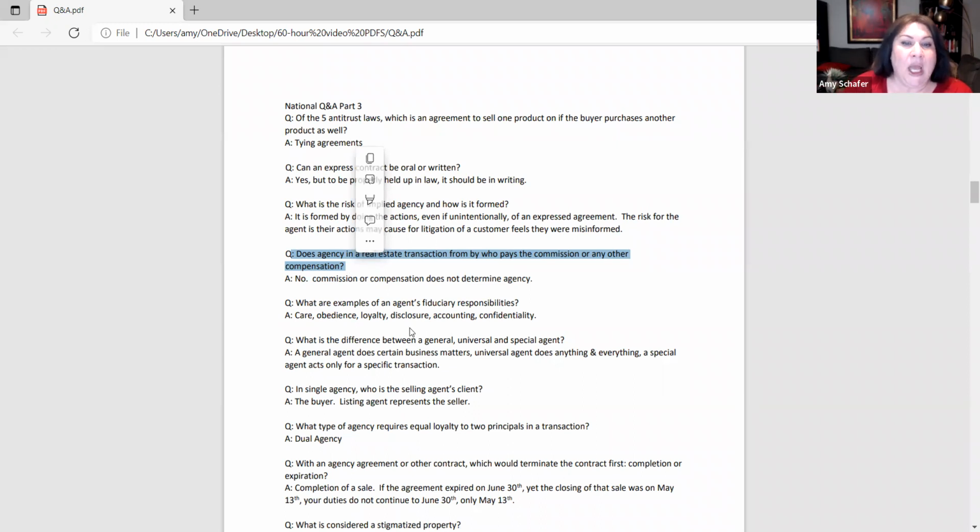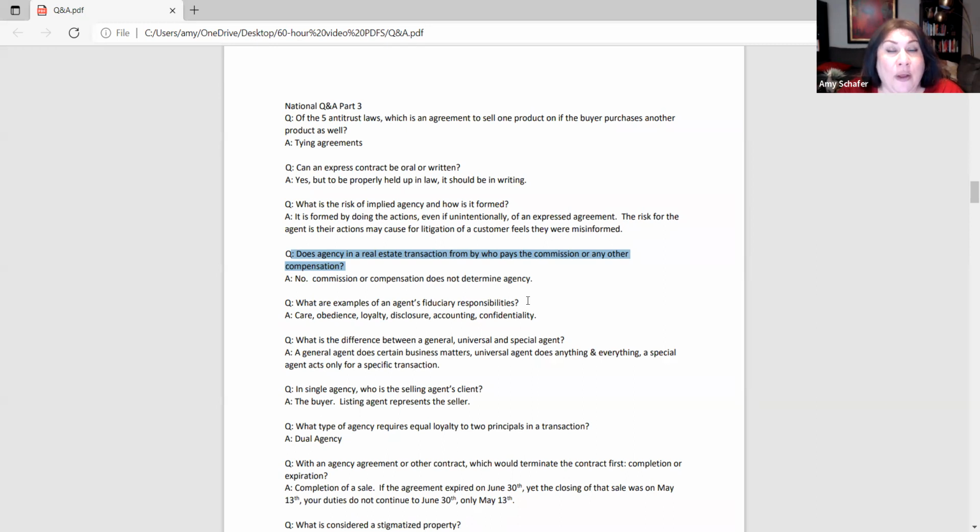Fiduciary responsibilities. This is going to be care, obedience, loyalty, disclosure, accounting, confidentiality. And again, my acronym for this is COLD AC. These agent fiduciary responsibilities are of special trust that you put with a client when you're working with them.